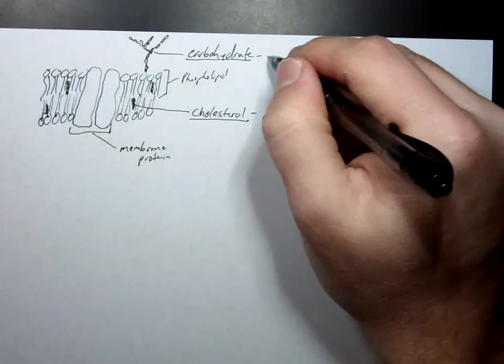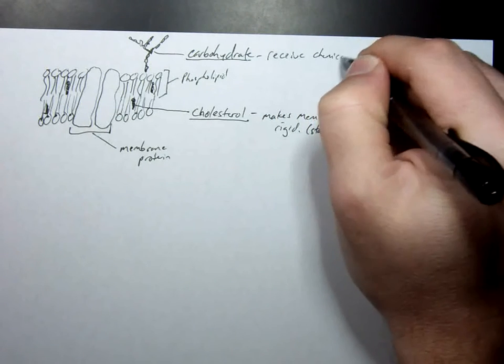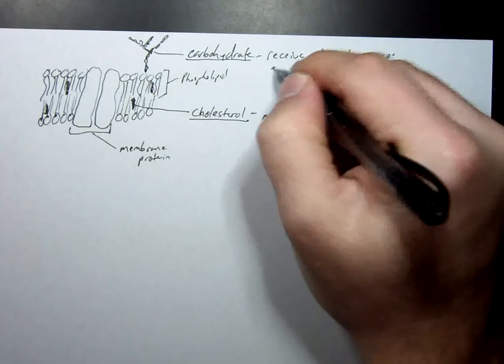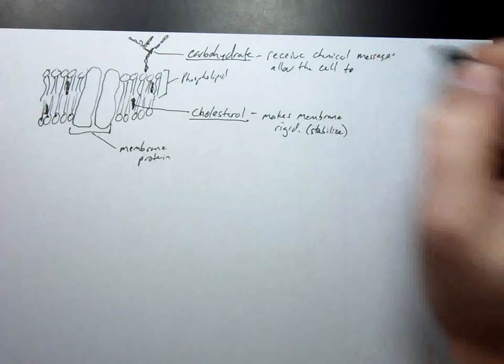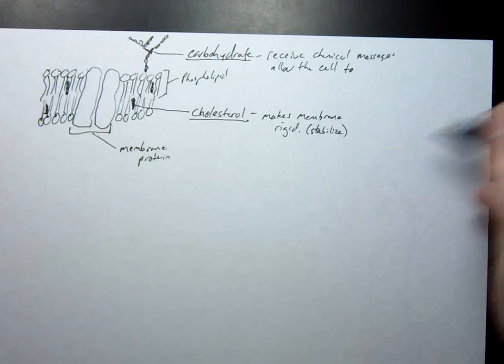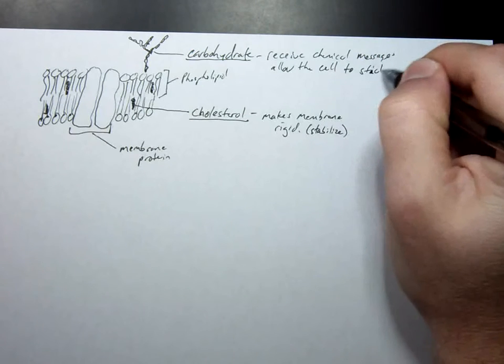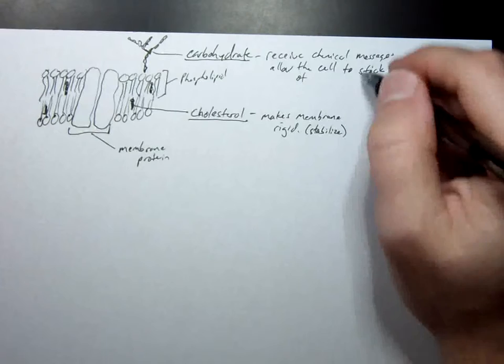One, it can receive chemical messages or allow the cell to stick to other cells. Does that make the membrane rigid? Yeah, it's going to stabilize it.